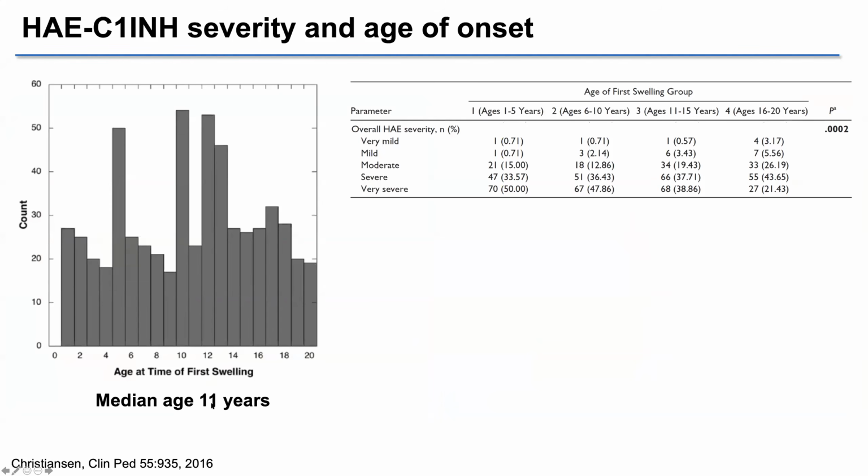The median age was 11 years for the first swelling. But importantly, when we looked at the age of onset of swelling based on severity as an adult, what we found was a highly significant relationship.